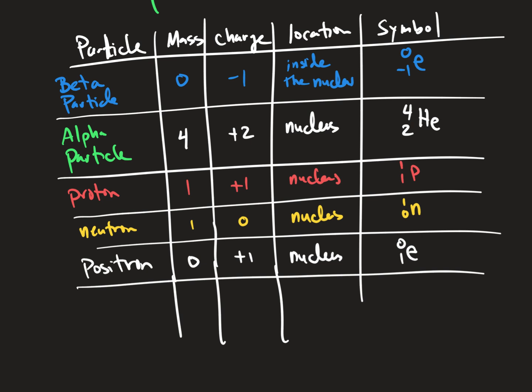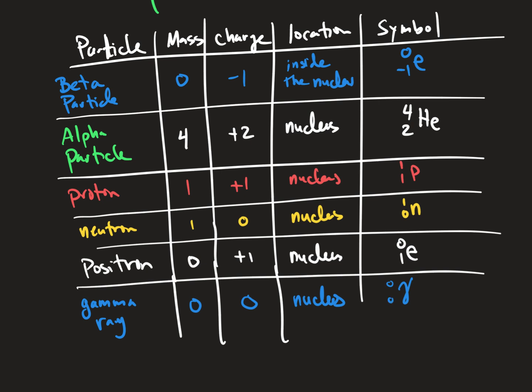And the last one is a gamma ray. Not a particle, but a ray. Has a mass of 0, a charge of 0, and it also comes from the nucleus. And its symbol is the Greek letter gamma.